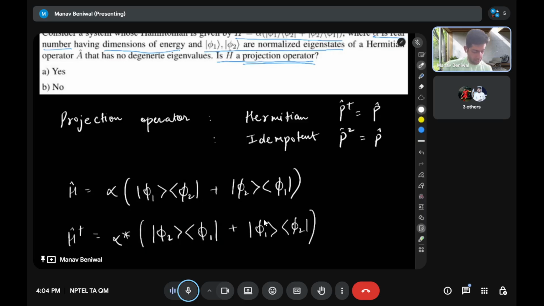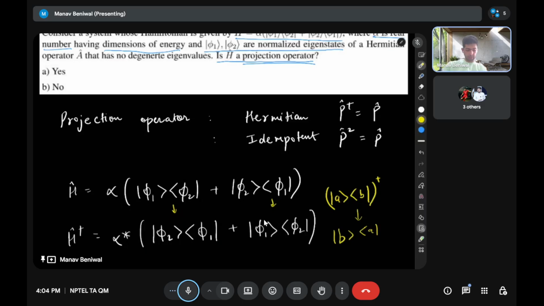Why? Because we know that if we have any two states A and B, and we take the dagger of |A><B|, then this becomes |B><A|. So here the ket of A becomes the bra of A, and the bra of B becomes the ket of B. We applied this same thing here.